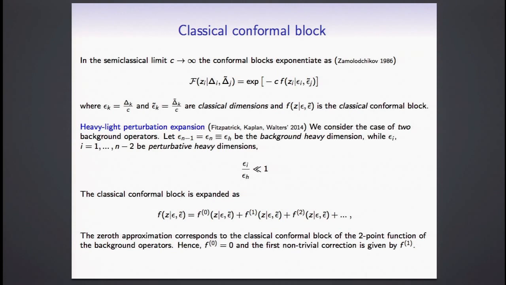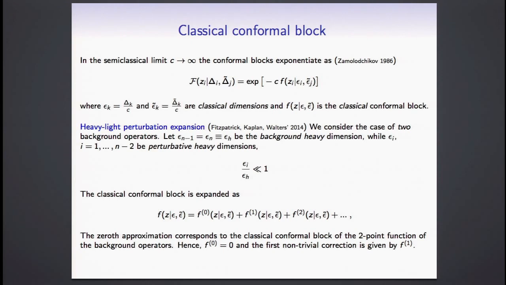In order to develop this perturbation theory, we introduce small parameters given by these ratios, and then the classical conformal block is expanded as follows. We know that the zeroth approximation here corresponds to the classical conformal block of the 2-point correlation function, and this 2-point correlation function corresponds to taking the two background operators.